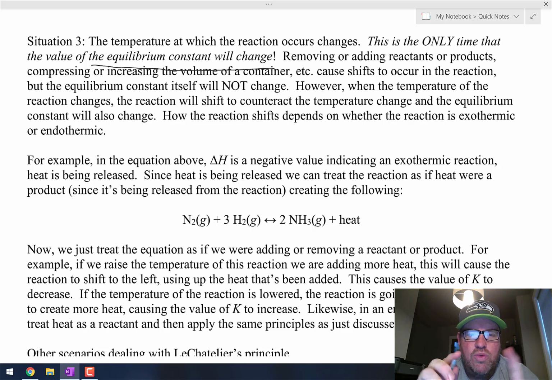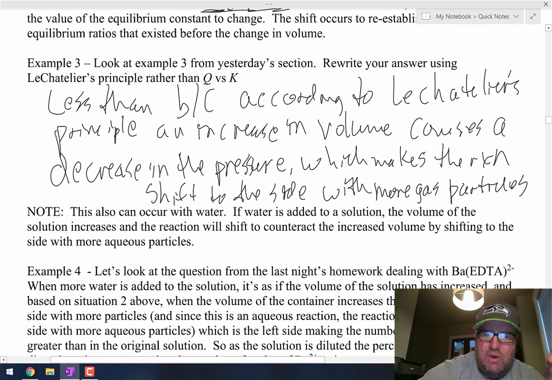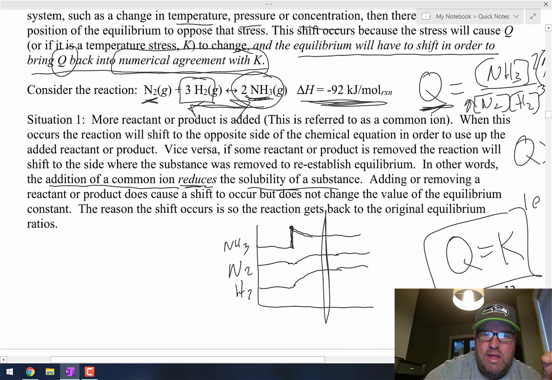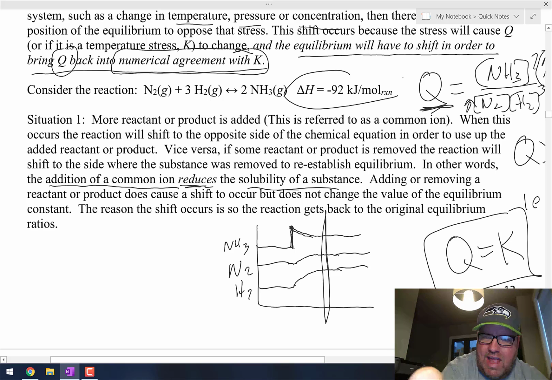Now, which way it shifts depends on whether the reaction is exothermic or endothermic. For example, in the reaction that we saw above, you can see it down there below again, delta H is a negative value, right? That's an exothermic reaction. This one right here, we had seen that delta H is negative 92.